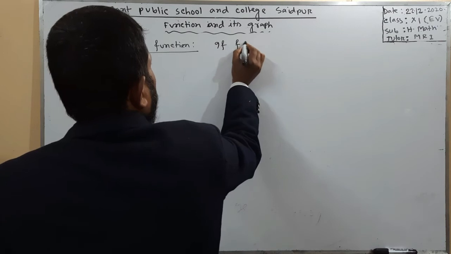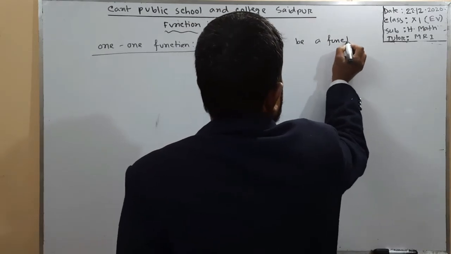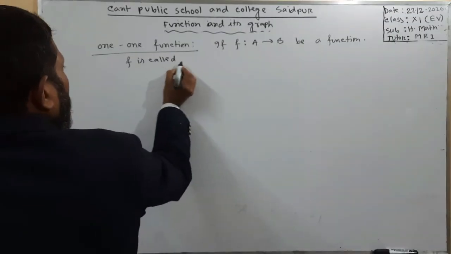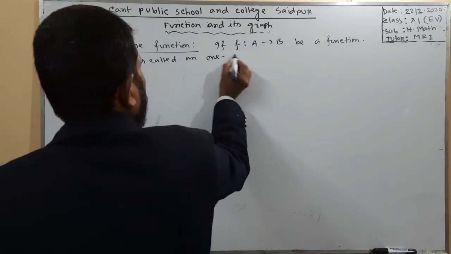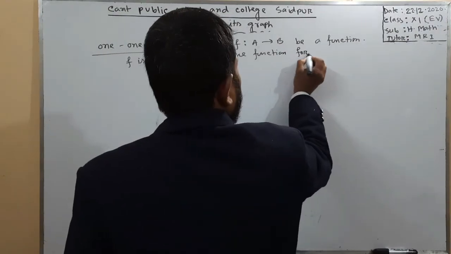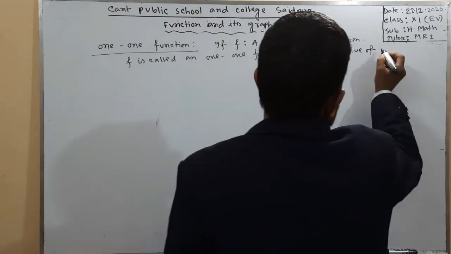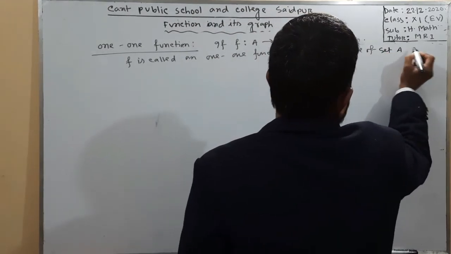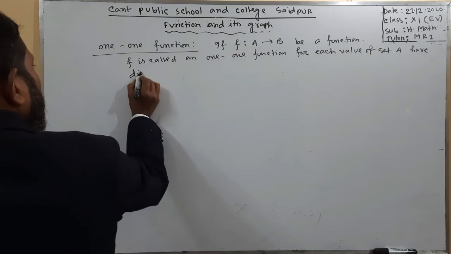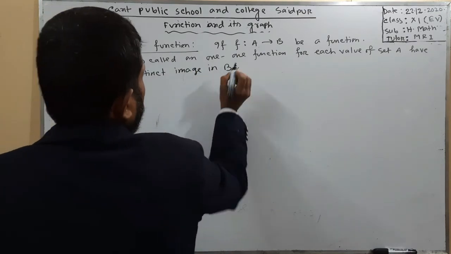If f such that A tends to B is a function, f is called a one-one function if each value of set A has a distinct image in B.